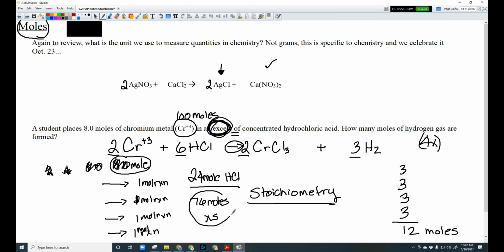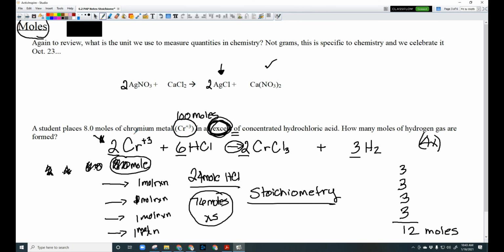So what's limiting this reaction? You may see that term thrown around as well: limiting reagent, or what's limiting the amount of stuff we can get in this reaction. Well, that would be the chromium, because we only had 8 moles of chromium, and we had 100 moles of hydrochloric acid.